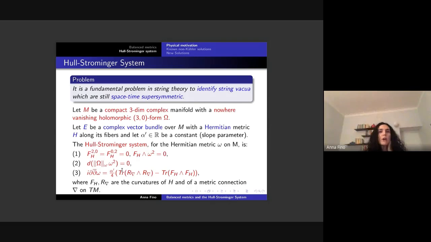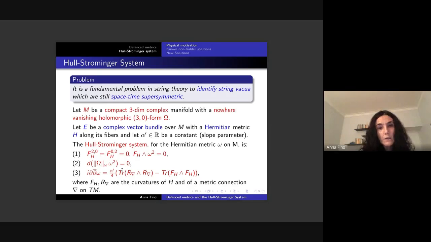And then we have the third equation, which is a more important one, as we'll also see later. This couples, in some sense, the curvature of the Chern connection of H and the curvature of a metric connection nabla, but in fact you need an Hermitian connection. So the connection has to preserve the metric and also the complex structure.